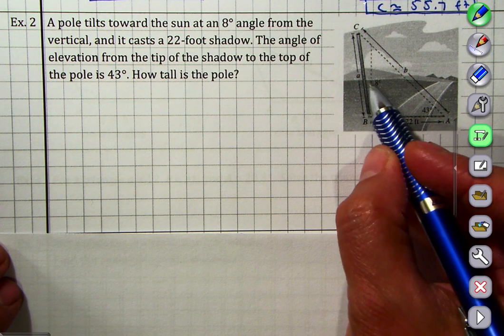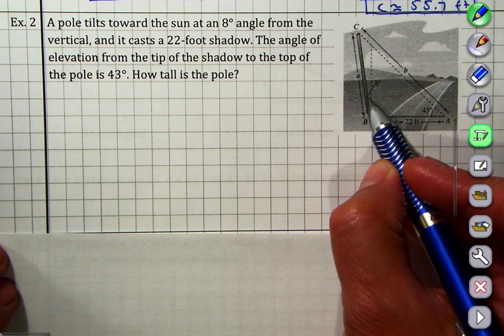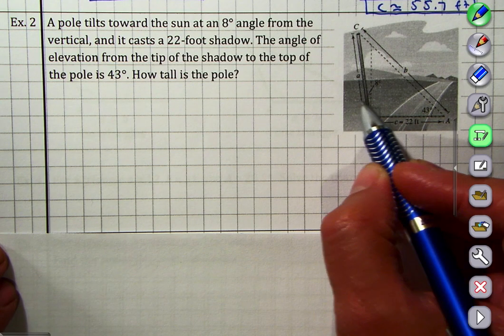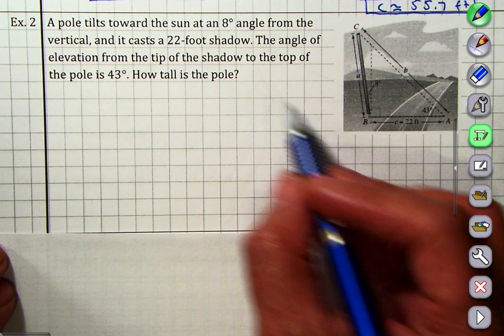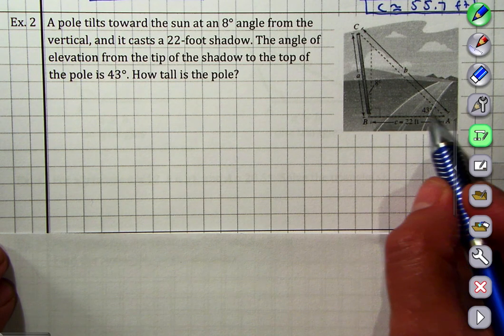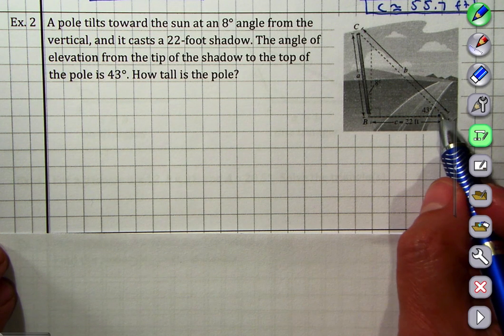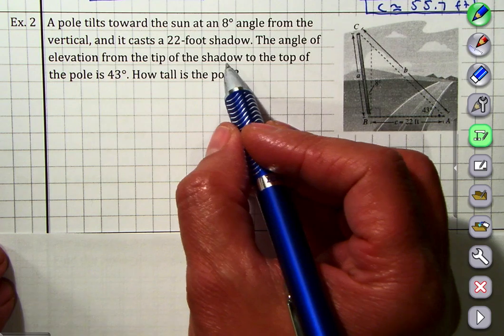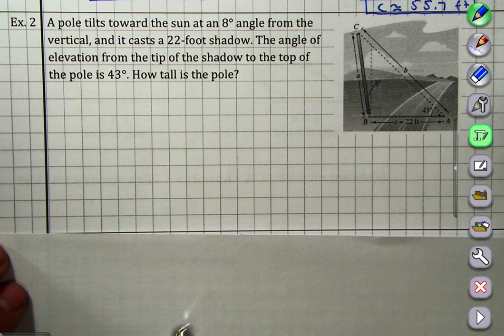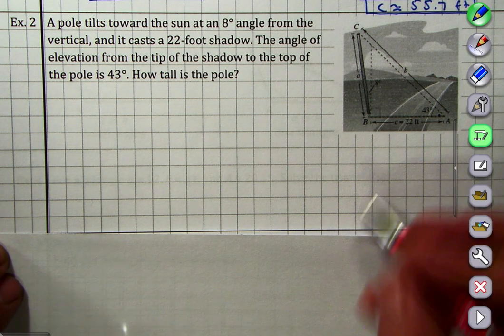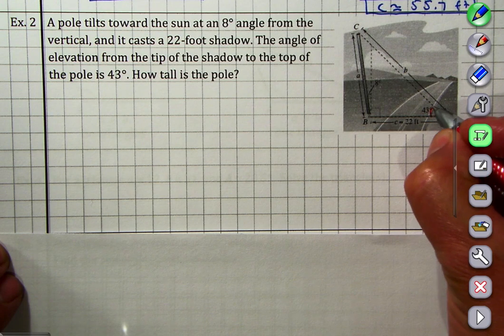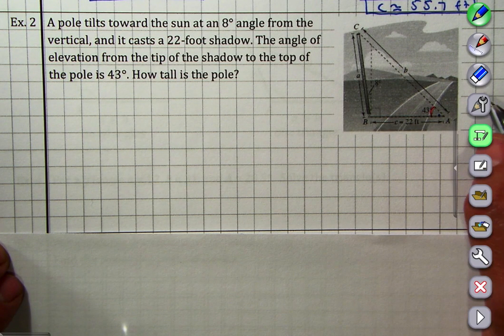So the pole is tilting at an angle of 8 degrees from the vertical. And it casts a shadow, a 22-foot shadow. The angle of elevation from the tip of the shadow to the top of the pole is 43. Now remember that whenever they give you the angle of elevations from the ground up, that's 43 degrees. How tall is the pole?